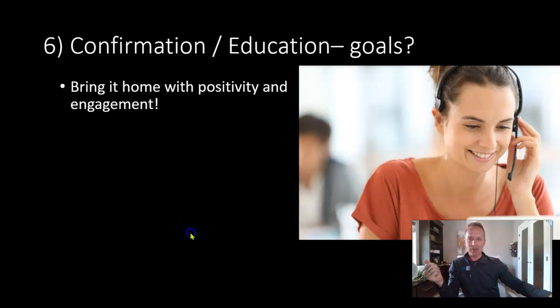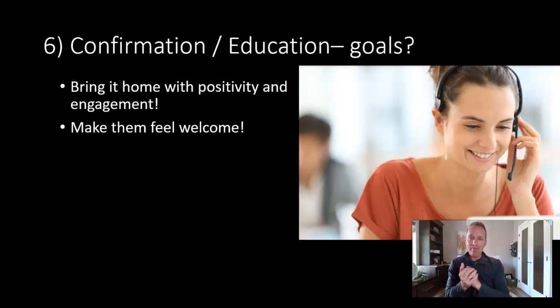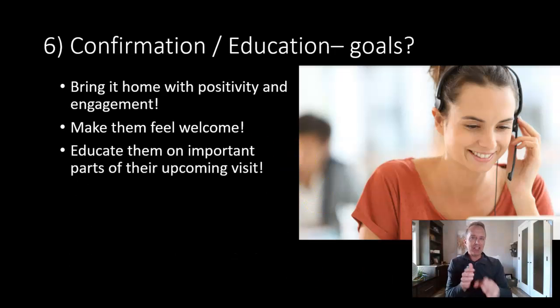Positivity and engagement. All right, we're going to want to make them feel welcome. There's going to be some specific verbiage that's going to be built into step 6 that makes them feel welcome to us, right? Different than they expect, different than they hear elsewhere. We want to build that language in. All right, we want to educate them on some important parts of their upcoming visit.